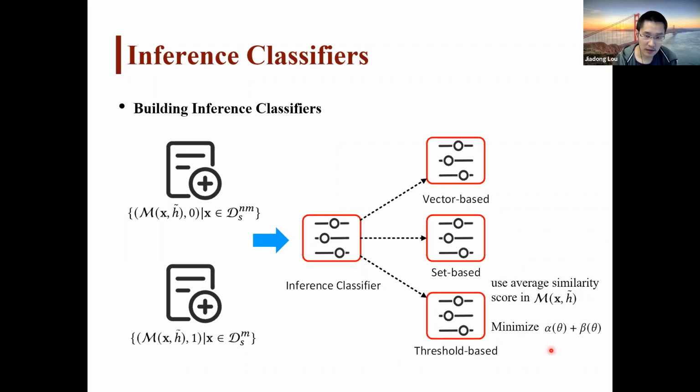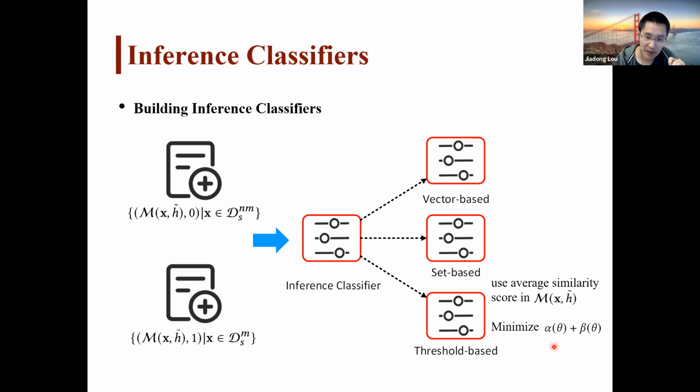So here, given a threshold theta, they use alpha theta to denote the number of inputs in the member dataset whose average similarity scores is smaller than theta, and they use beta theta to denote the number of inputs in the non-member dataset whose average similarity scores is bigger than theta.